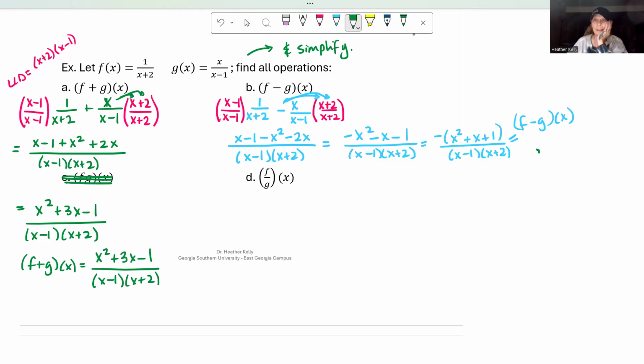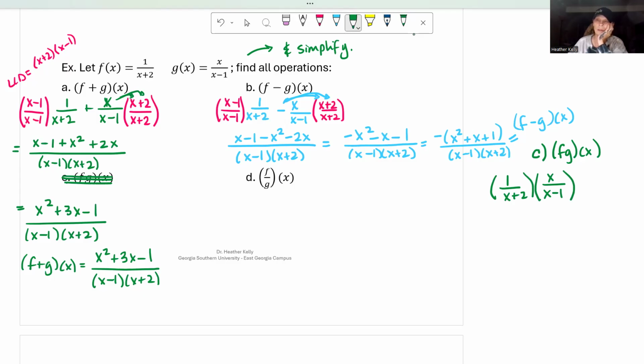Let me do C real quick, and that was f times g of x. And that's going to be the f of x, 1 over x plus 2, times the g of x, which is x over x minus 1.